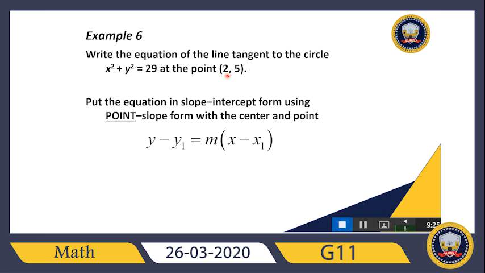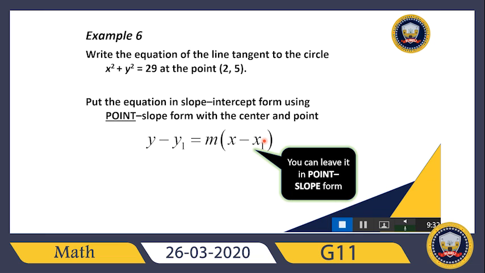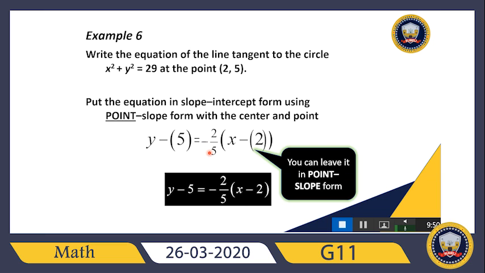I can use this 2, 5 as the point x1 and y1. So instead of y1 I have 5, instead of x1 I have 2, and instead of the slope I have negative 2 over 5 because I already found this. So basically this is the equation of the tangent of this circle.